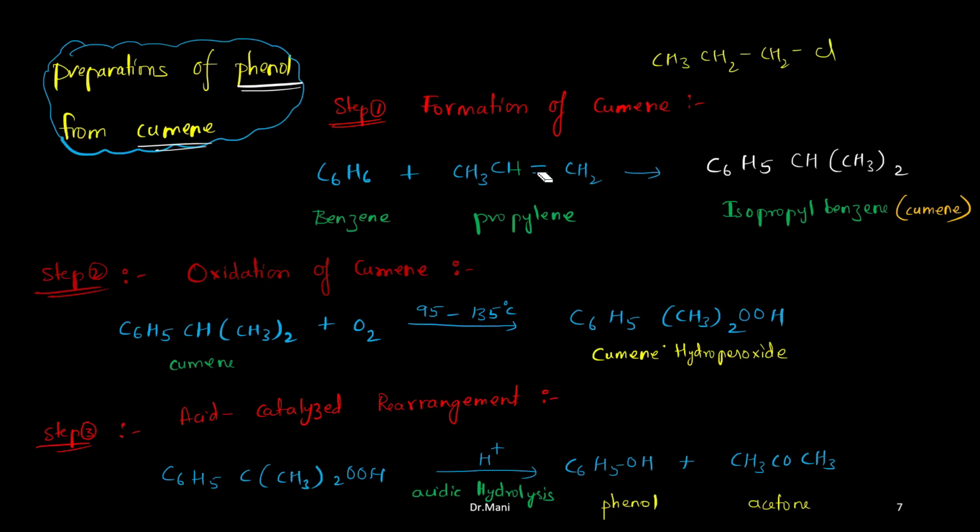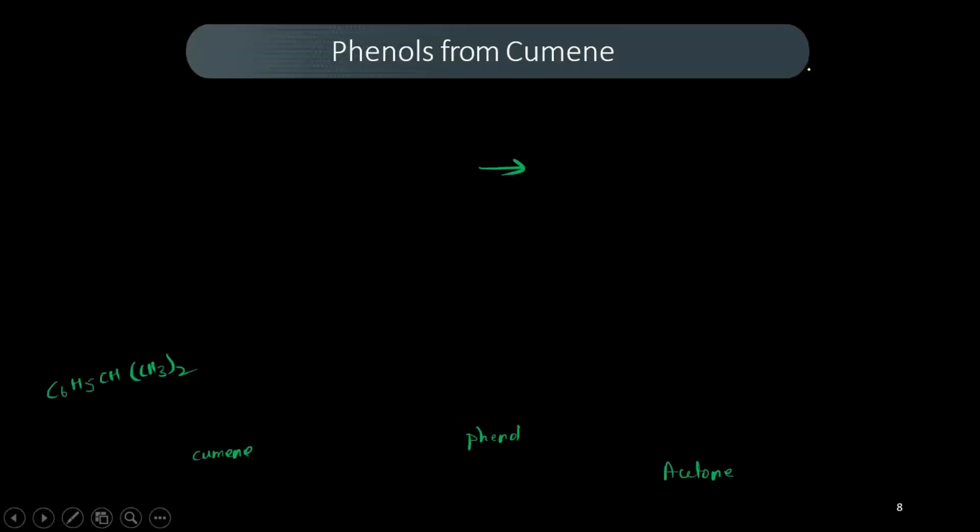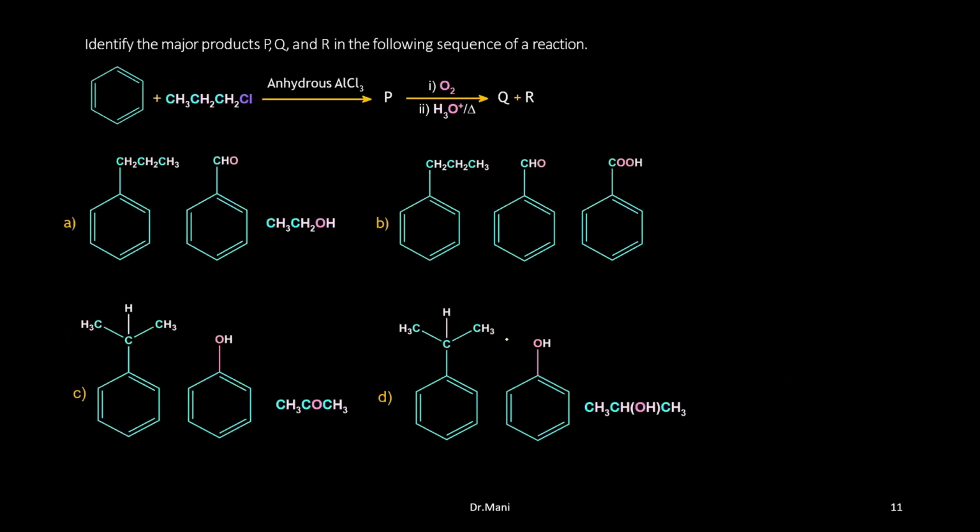Instead of having a double bond, they included the chlorine. So that's how it is CH3CH2CH2Cl. But finally, we'll be getting this only. So you can try now. Understood? CH3CH2CH2Cl. So the question is almost the same, but here, instead of having a double bond, I included the chlorine.